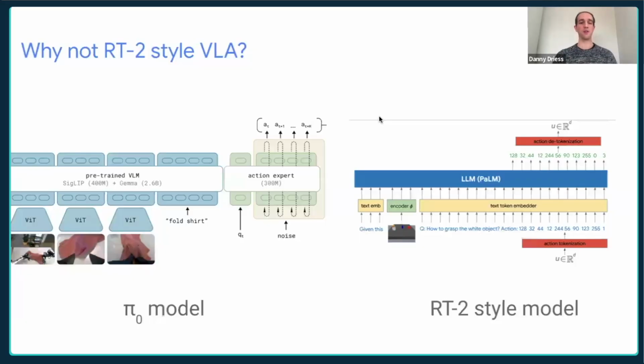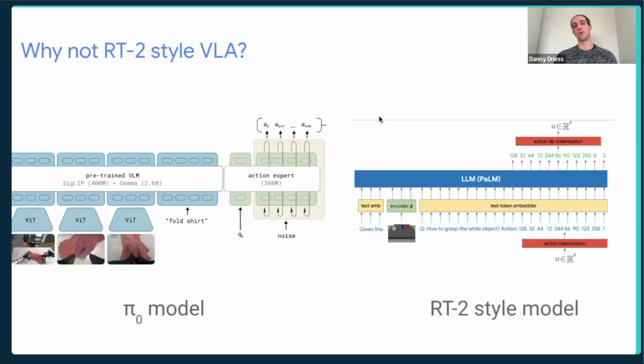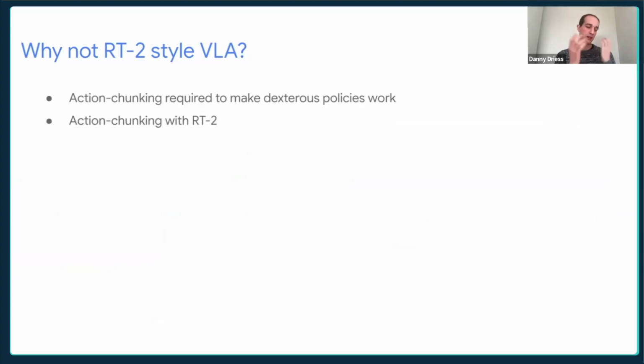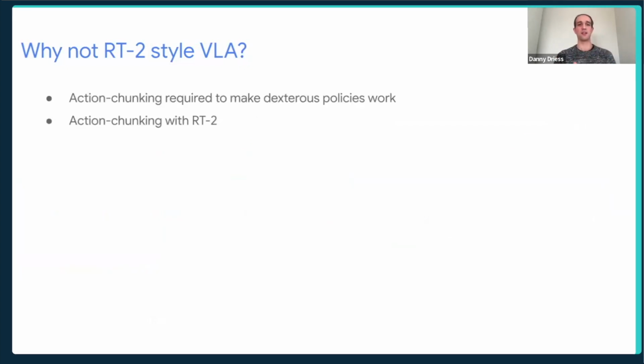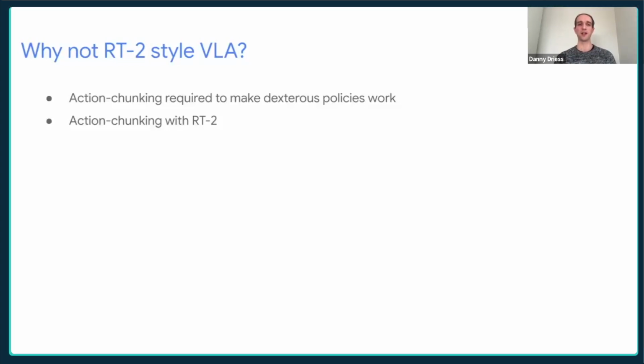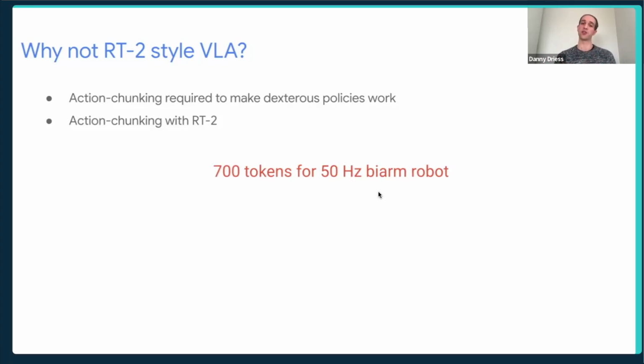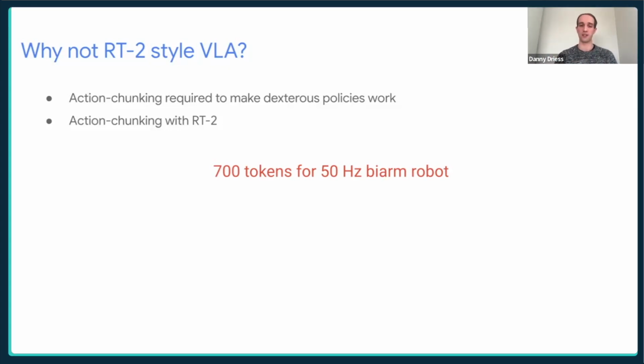I want to maybe give some more insights on why this architecture was really crucial and why we did not just do the RT2 style VLA. I said before, there has been a lot of research showing that action chunking is required to make dexterous policies work. But if you did action chunking with the naive tokenization approach, then you would have to predict 700 tokens for a 50 Hertz bimanual robot if you predict an action chunk of 1 second.